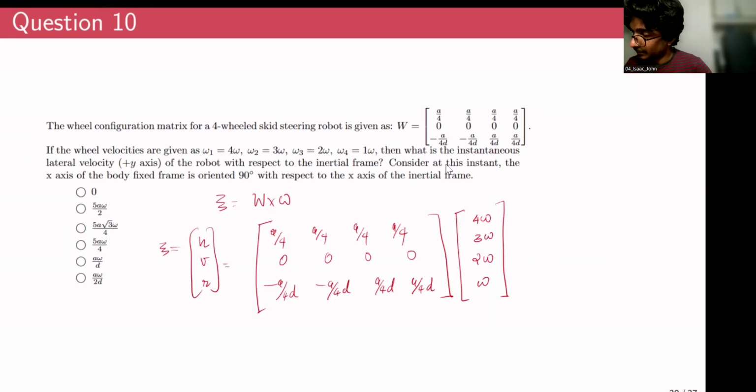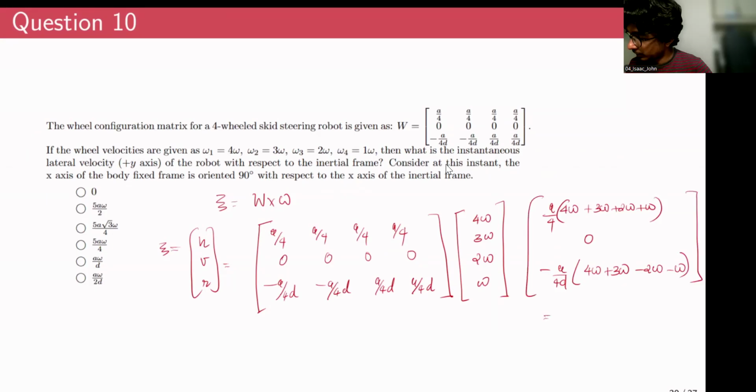So if you multiply this out, what will you get? It'll be basically a by 4 multiplied by 4 omega plus 3 omega plus 2 omega plus omega. Then the second entry is obviously going to be 0. And the third entry is minus a by 4d multiplied by 4 omega plus 3 omega minus 2 omega minus omega.